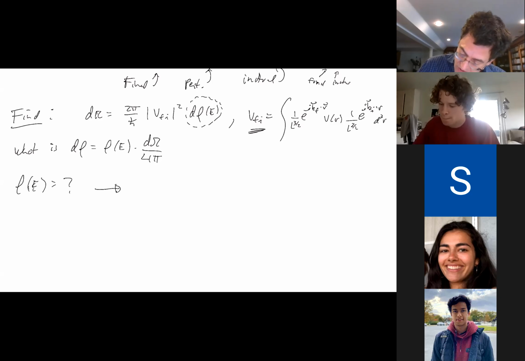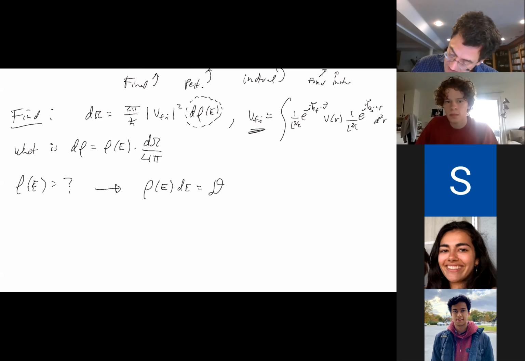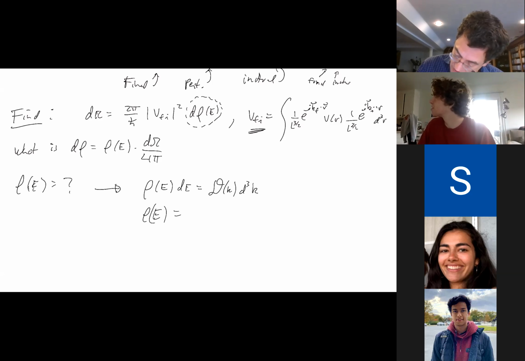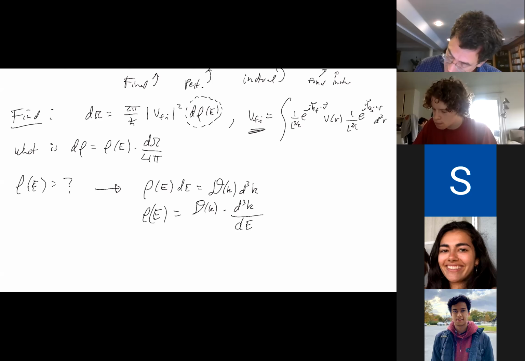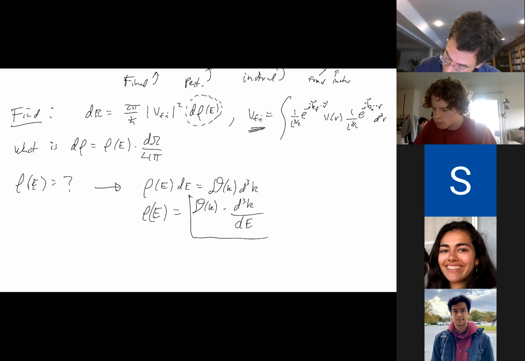The total density of states times a little bit of energy is equal to the density of states in K space times a volume in K. So rho of E is equal to the density of states in K space times d cubed K over dE. We have to calculate this quantity, and that gives us the density of states.